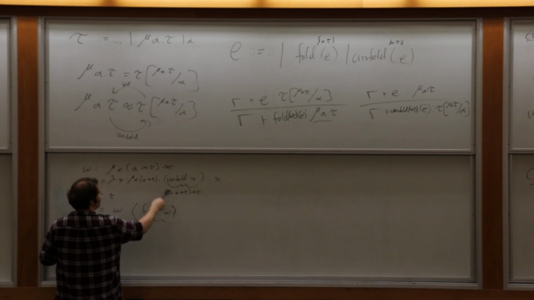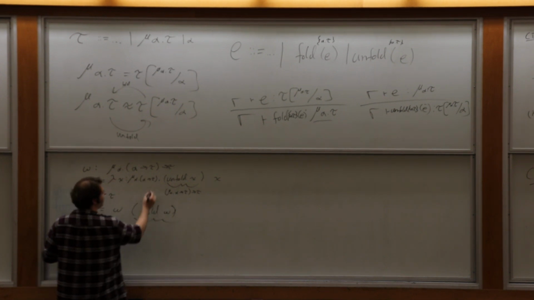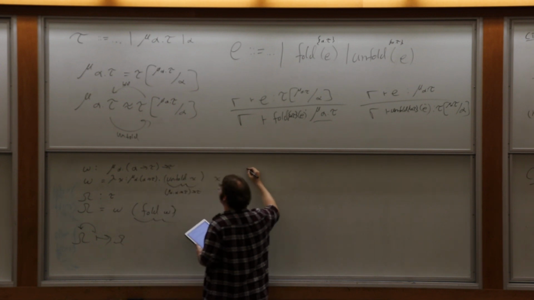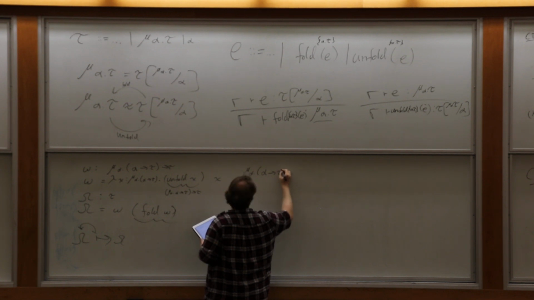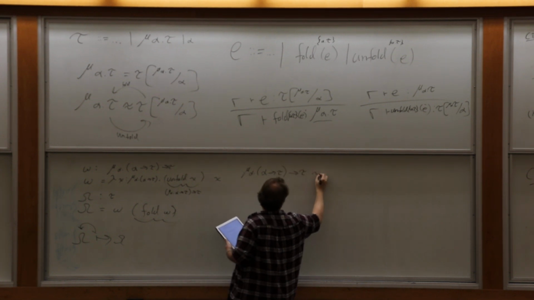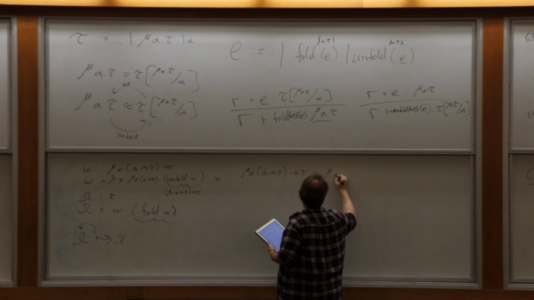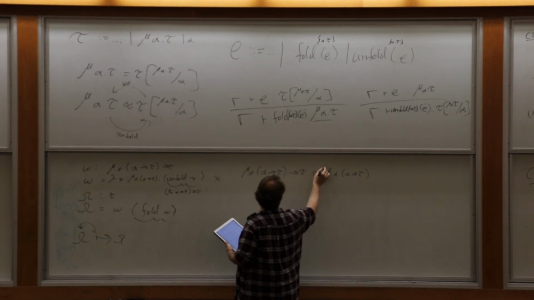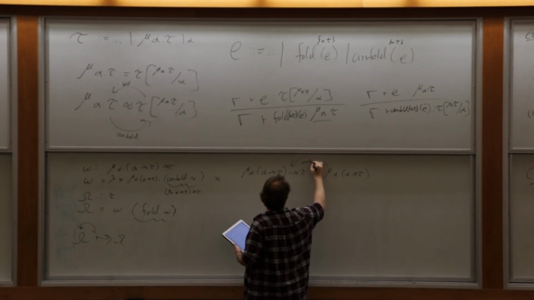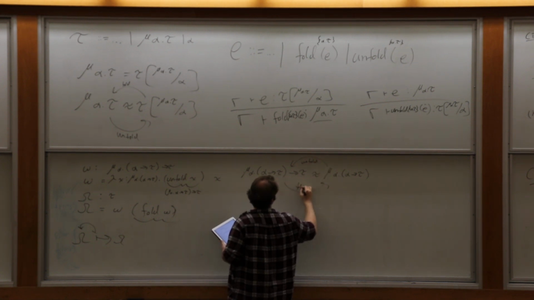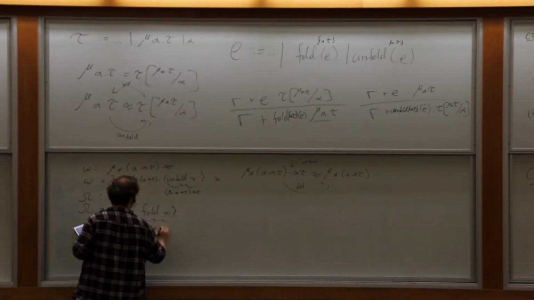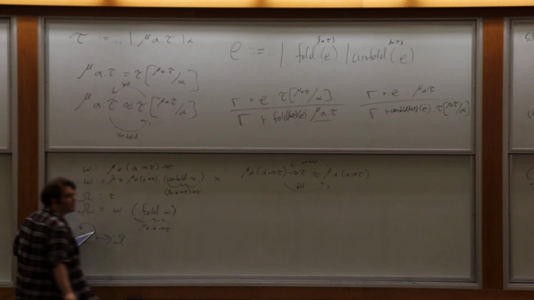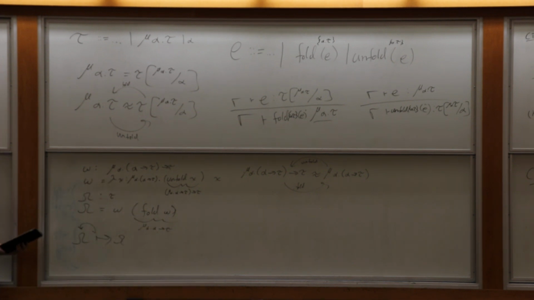We saw that this goes here via unfold, right? So this is unfold. Writing it out, mu alpha, alpha arrow tau, to tau is isomorphic to mu alpha, alpha arrow tau. And so this way is unfold, and this way is fold. Okay, so then this is a mu alpha, alpha arrow tau. So it type checks.